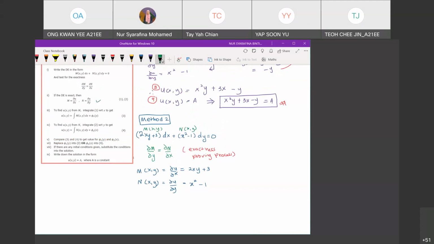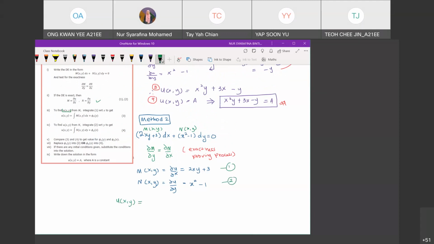Until here, right? So now we want to find the solution of u. For this method, you integrate both. In order to find u(x,y), you integrate the first and second equation.